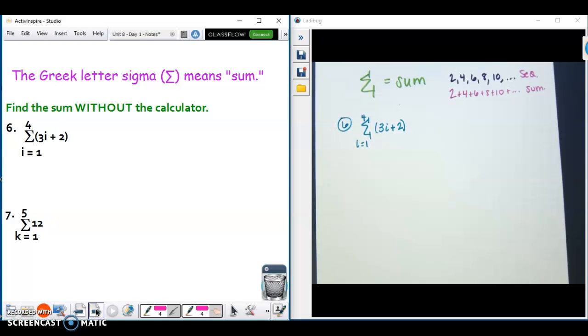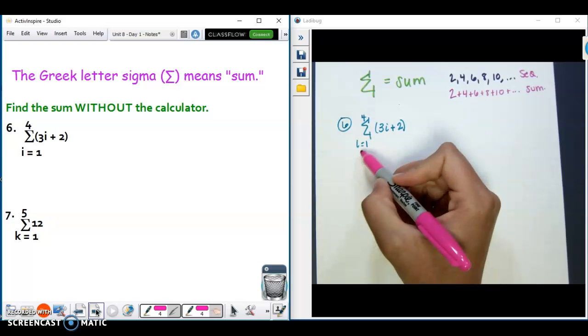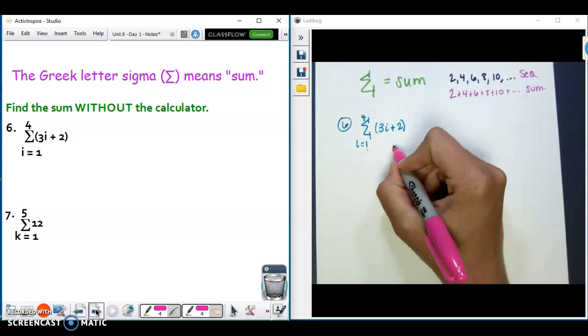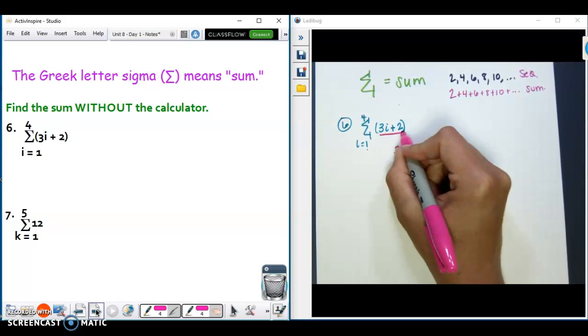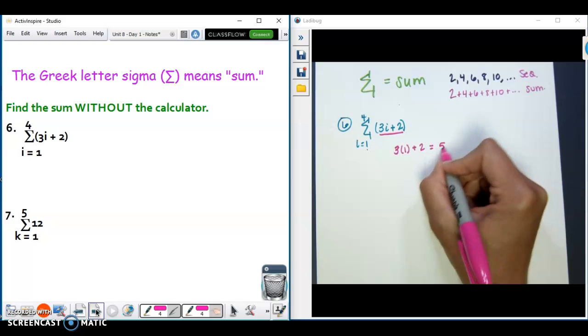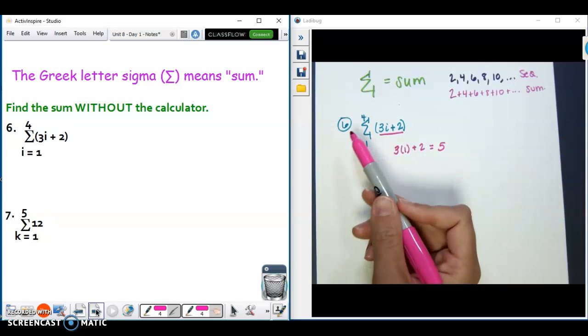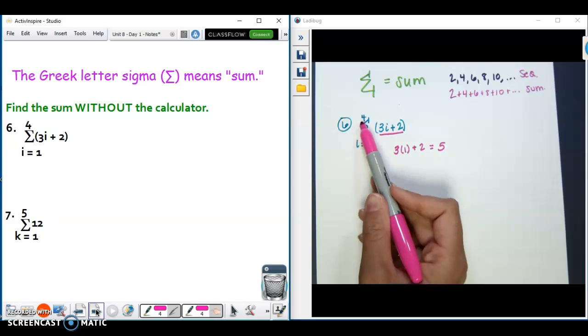So what you're going to do here is, because this is the sum, we are going to be adding everything up at the end. But before we can add, we need to just find the sequence. It tells you that it starts at 1. So that means you're going to plug in 1 to the equation they give you here first. And then you're going to plug in 2. You're going to plug in 3, and the last number you're going to plug in is 4.